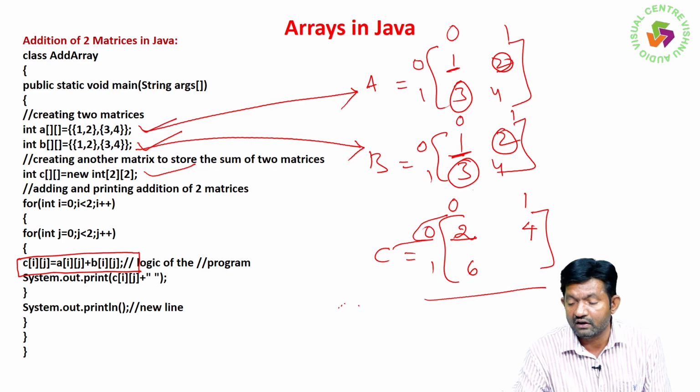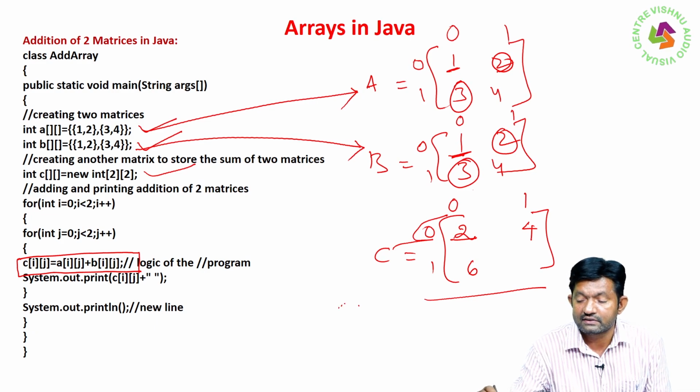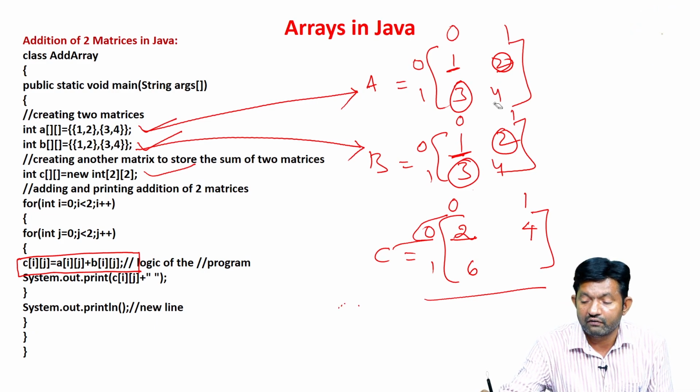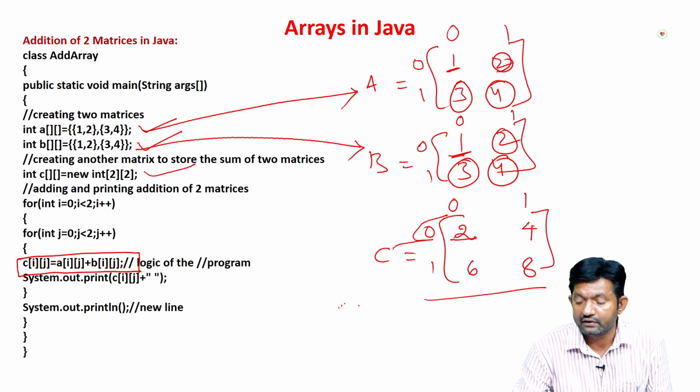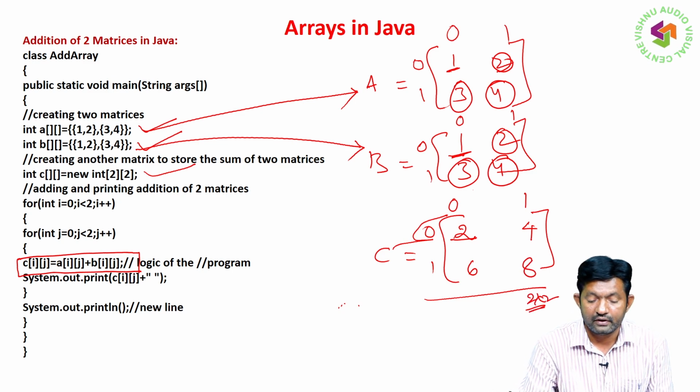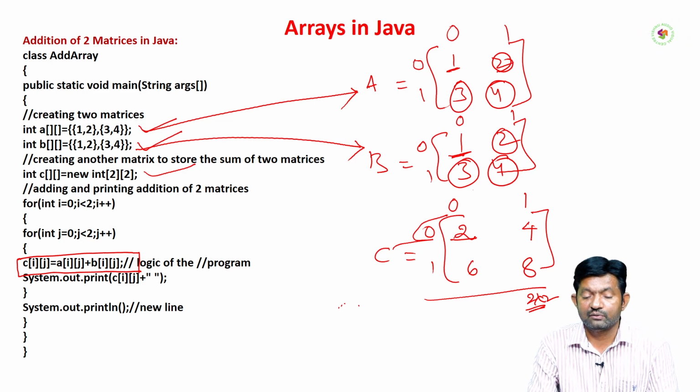Next, C of 1, 1 is A of 1, 1 plus B of 1, 1, that is 8. So 2, 4, 6, 8, that is 2 by 2. So that is the explanation of the code line by line and the addition of two matrices.